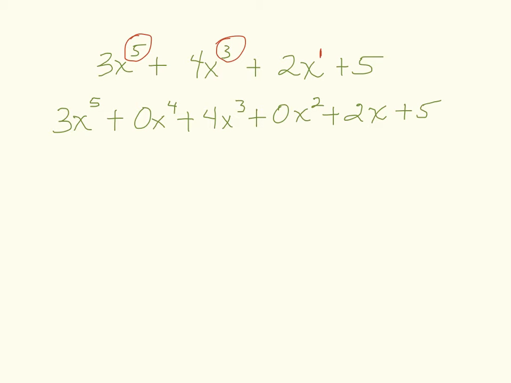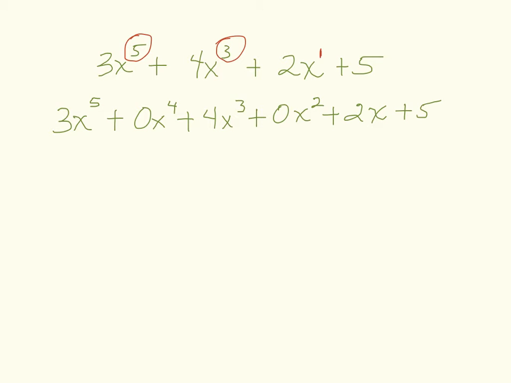Okay? You have to be very careful that every exponent is represented and that they are in descending order. This is the biggest mistake students make with long division. They do not make sure that the terms are in descending order, and they do not make sure that every exponent is represented. You have to put those zeros there.